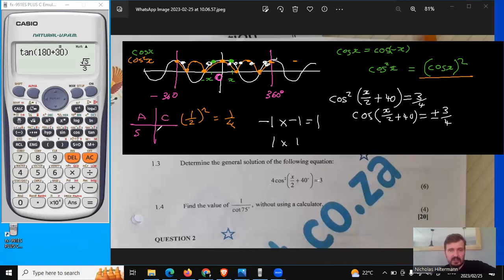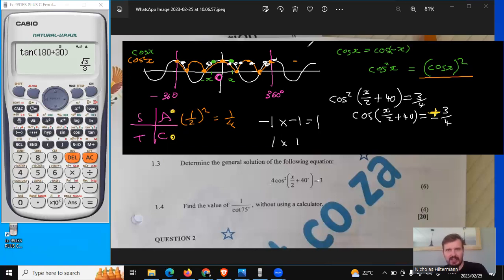Because we get plus or minus 3 over 4, the plus 3 over 4, in yellow, is where cos is positive, so that's here and here.